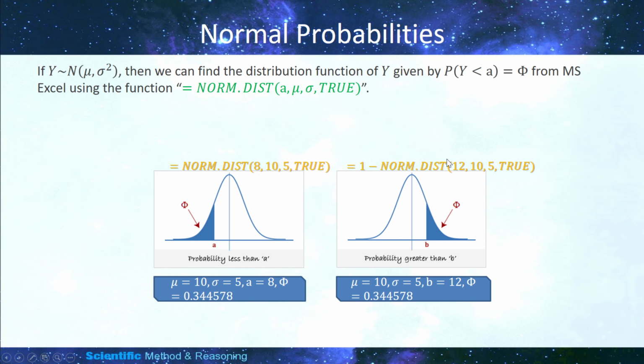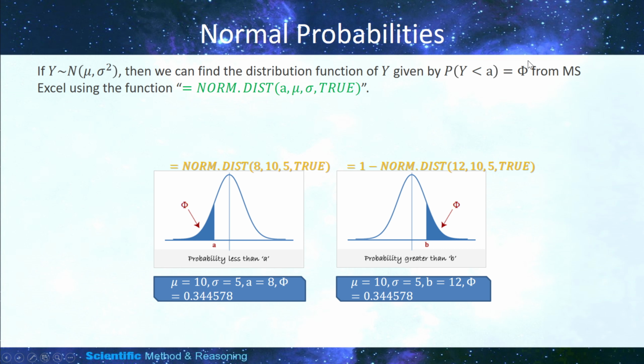Now for the normal distribution, we use the area to represent the probability. For example, if the random variable y follows a normal distribution with mean mu and variance sigma square, then we can find the distribution function of y, given by the probability that y will take up a value less than a.